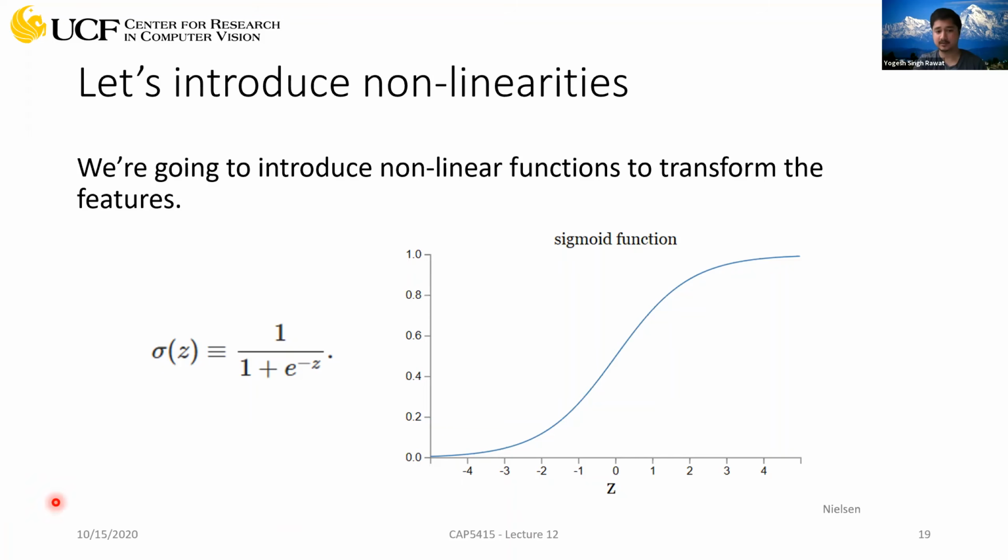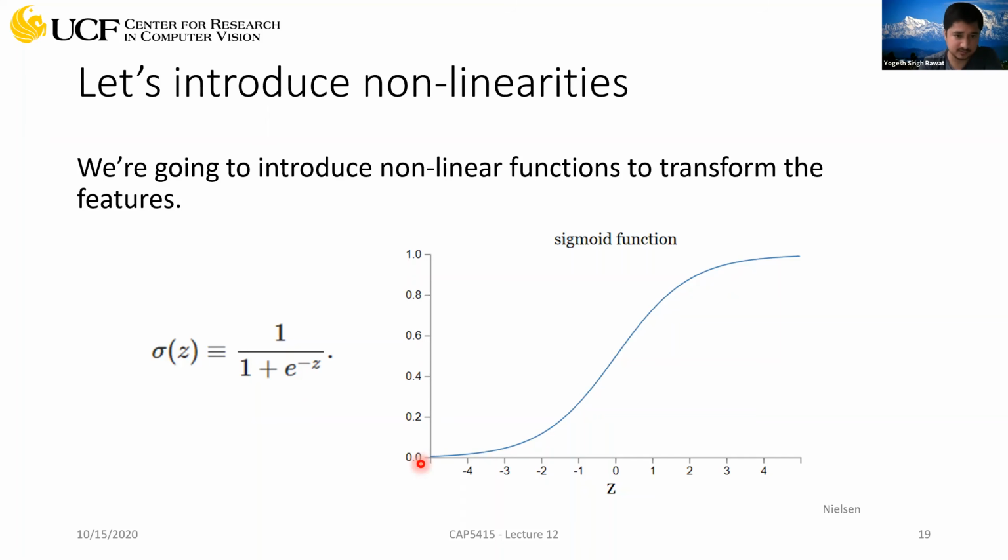It will just scale it between 0 and 1. So if your output activation is 0, then it will be 0.5. If it's close to 4, then it will make it 1. And if it's greater than 4, doesn't matter how big, it will still be close to 1. Okay, so that's how sigmoid works.